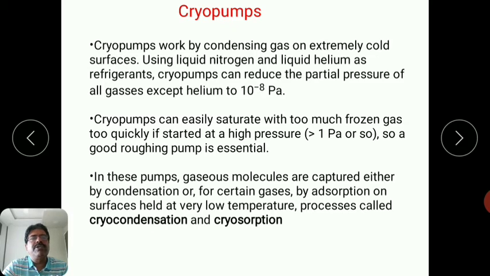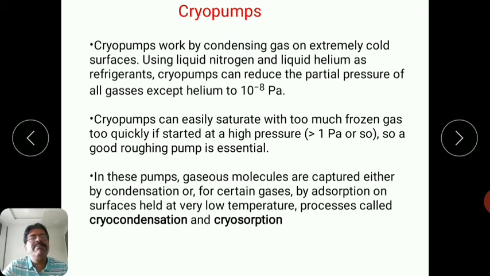Now these two processes, one in which gas molecules are condensed on a cool surface, is called cryocondensation, and the second, where gas species are adsorbed on a very cool surface, is called cryosorption.